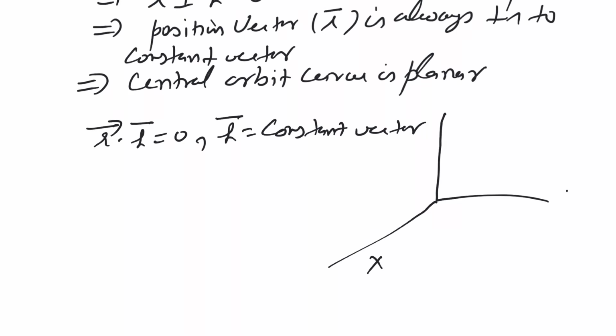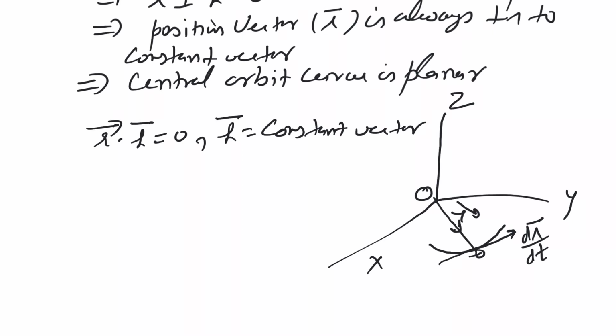Like we take in 3D, this is the x-axis, this is the y-axis, this is the z-axis. Now this is the central orbit motion, this is a point O, and this is the position vector to point P. This is the tangent vector dr/dt, and this is the radius vector.